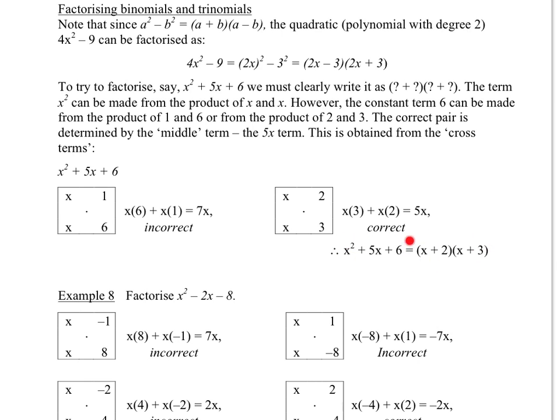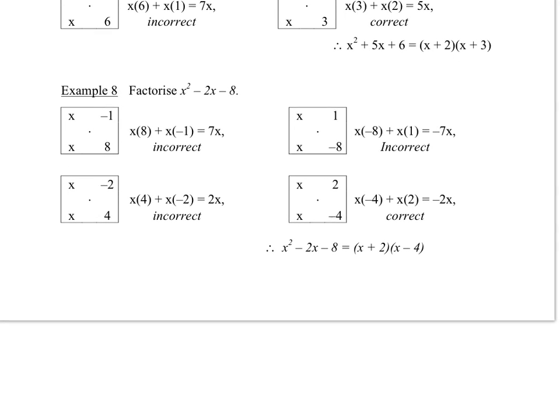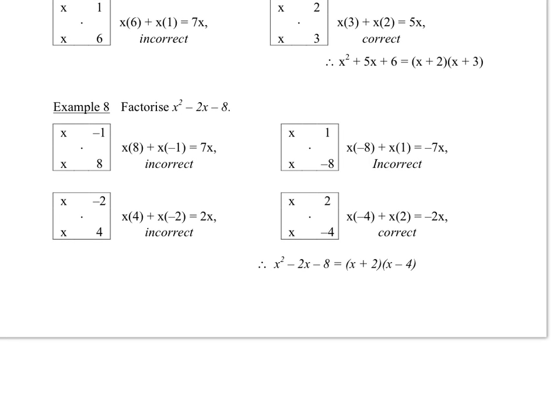This x plus 2 times x plus 3 gives us this. Basically, you're looking for two numbers that multiply to give 6 and add to give 5. And this works whenever the first term is x squared, if you've got x squared plus some number times x plus a number. Similarly, in example 8, you can just look for two numbers that multiply to give negative 8 and add to give negative 2.